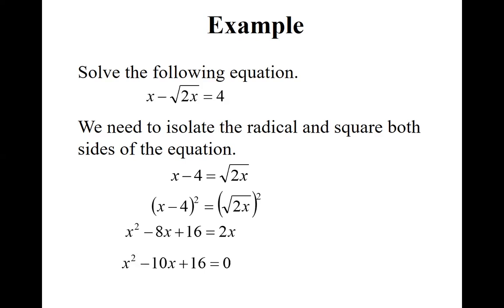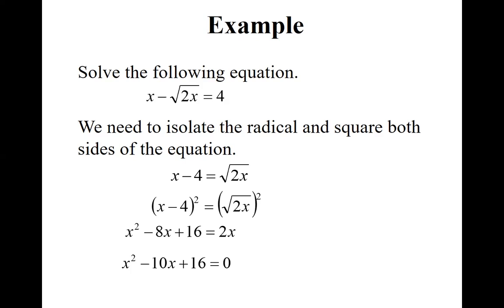Get everything on one side and 0 on the other, so subtract 2x from both sides. -8x minus 2x is -10x. Are there numbers that multiply to +16 that add to -10? Yes, -8 and -2.